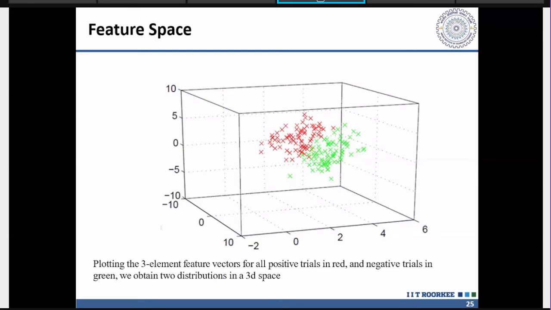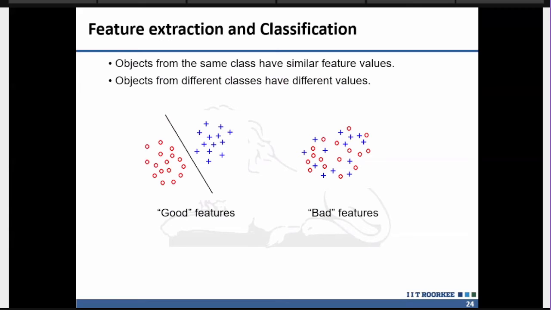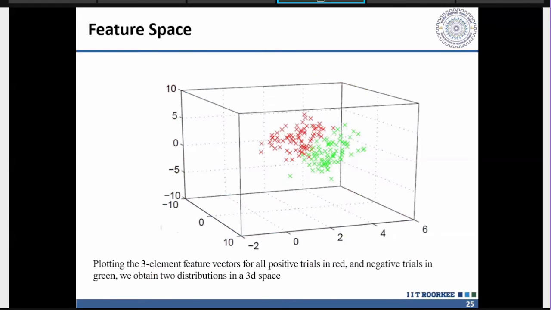Note that the features we extract should be separable. You should not use bad features, which make the classifier's job very tough. If your features are good, then even simple classifiers like k-nearest neighbors or decision tree will be able to solve it.